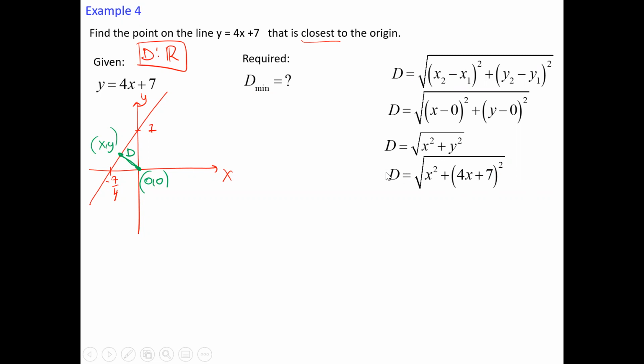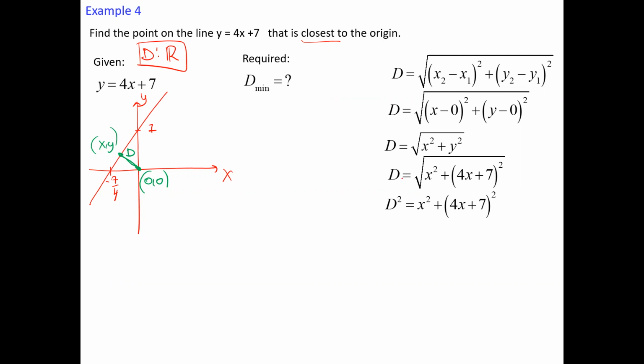That's the function that we have to find a minimum for. The only thing is, it looks a little bit complicated with that square root. But in order to minimize this square root, we know that we have to minimize the quantity inside. If the quantity inside is small, the square root of the small number is small. That's what I can do. I can square both sides.